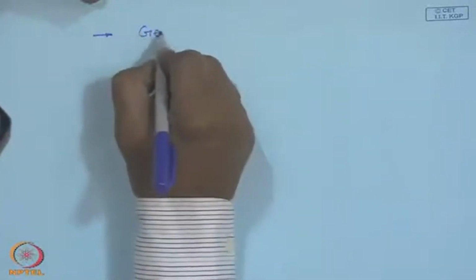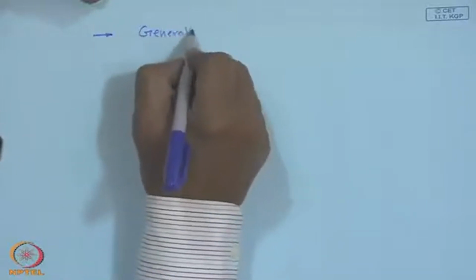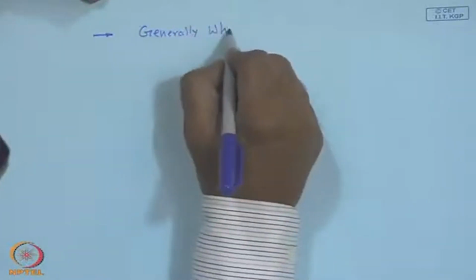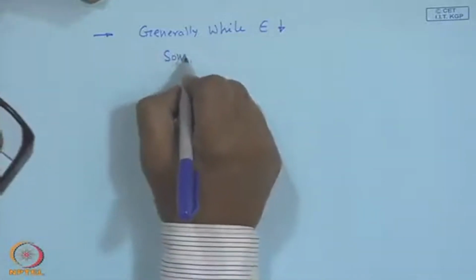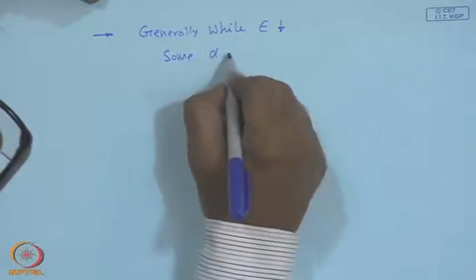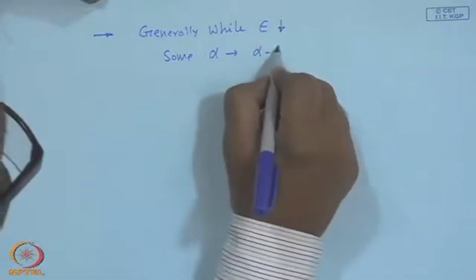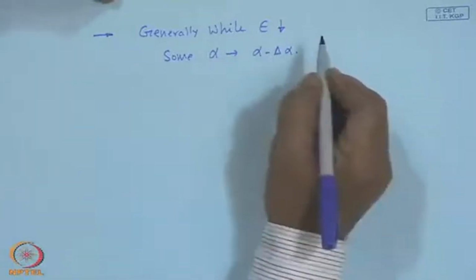Generally, while epsilon is reduced, some alpha goes to alpha minus delta alpha.